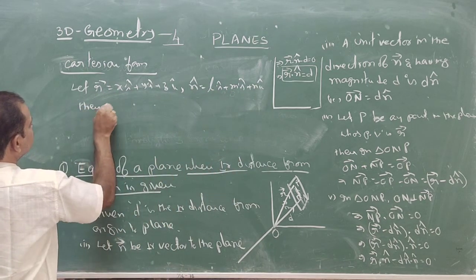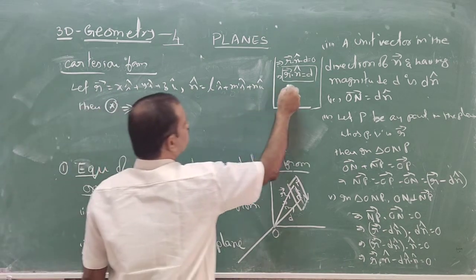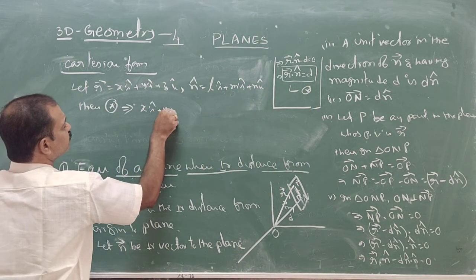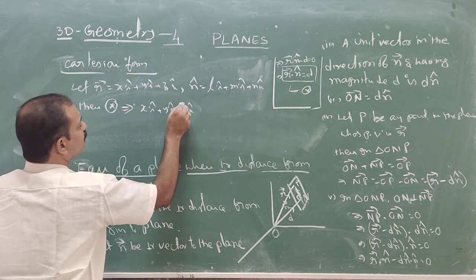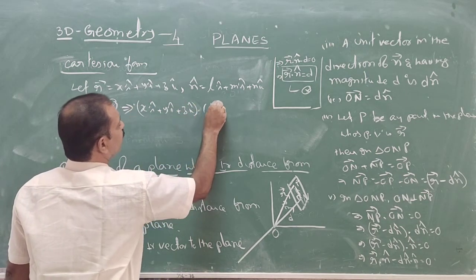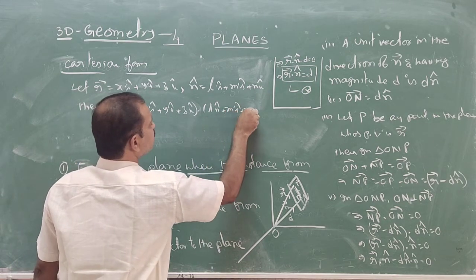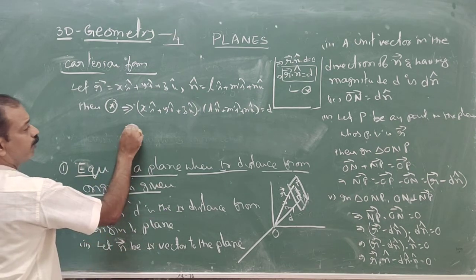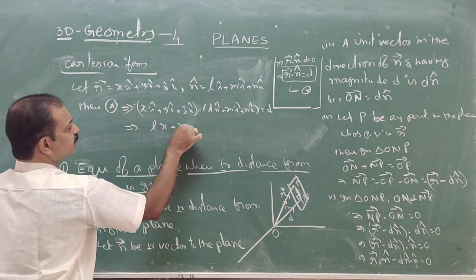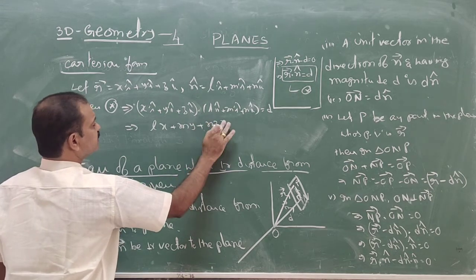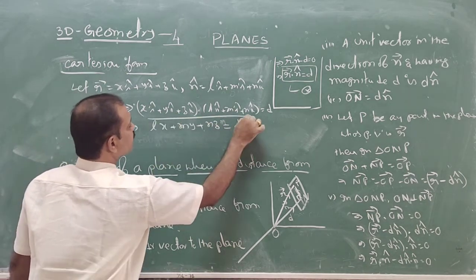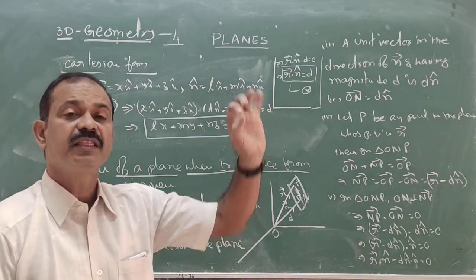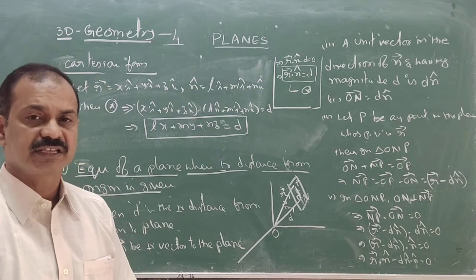Then, star implies xi plus yj plus zk dot li plus mj plus nk is equal to d. Do the dot product. This is lx plus my plus nz is equal to d, which is nothing but the equation of a plane in Cartesian form when the perpendicular distance is given.